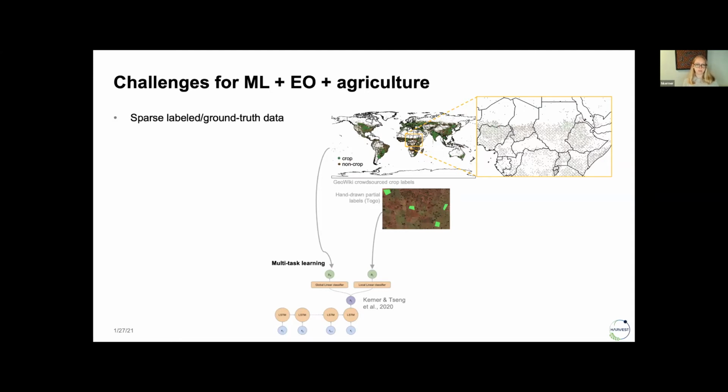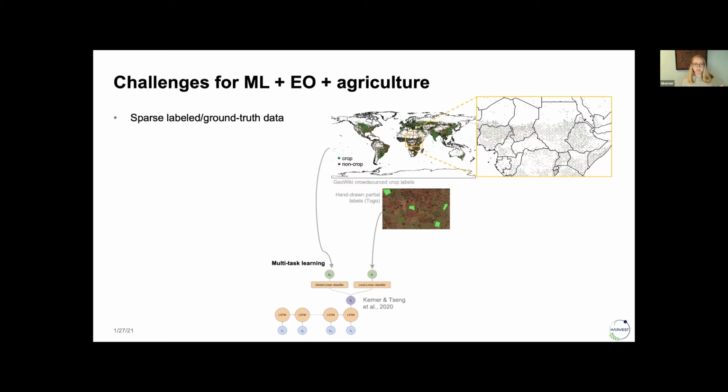So this, again, was the case when we needed to create this cropland map of Togo. There's no data set of labeled locations where crops and not crops are in Togo. And so our approach here was to do something called multitask learning, where the goal is to jointly train a model to learn multiple tasks and learn features that are shared across all of those tasks and can be used to inform one another.